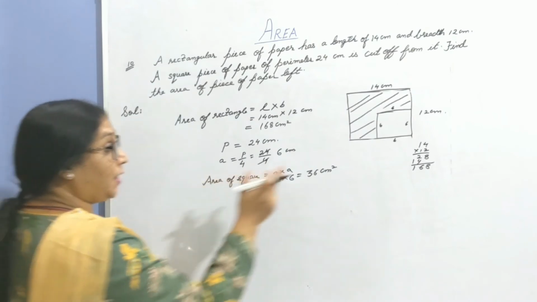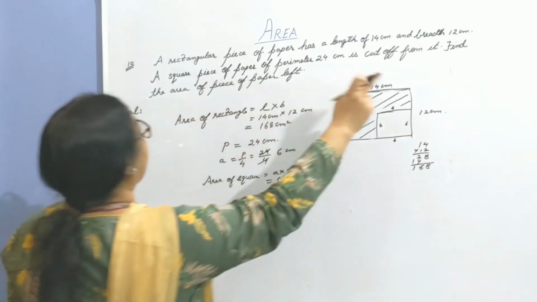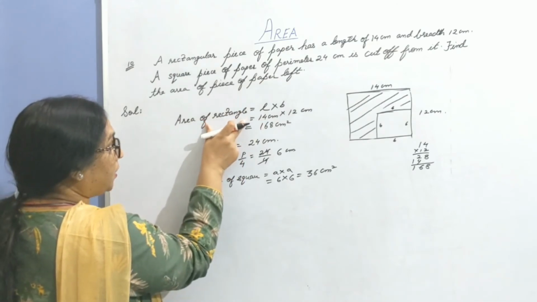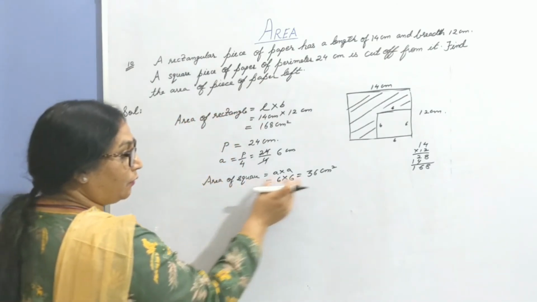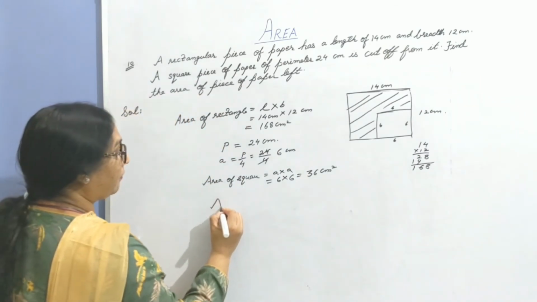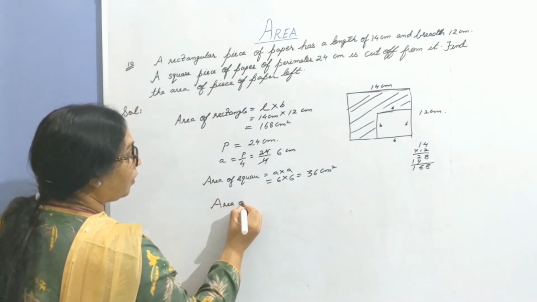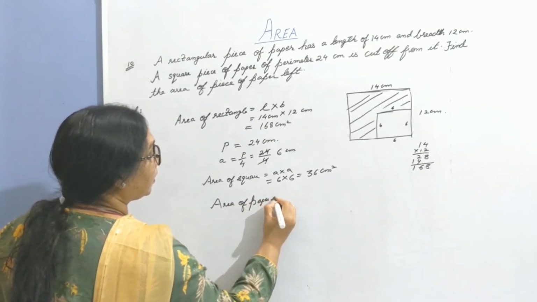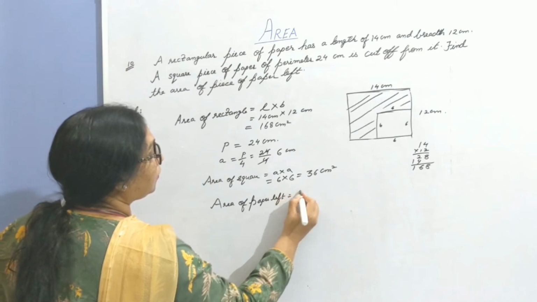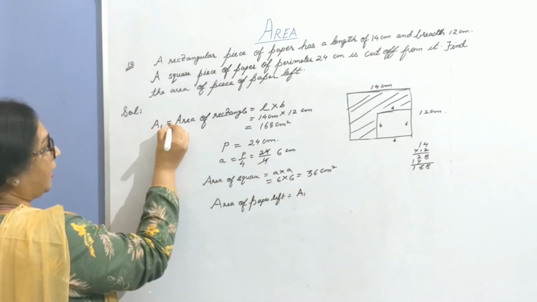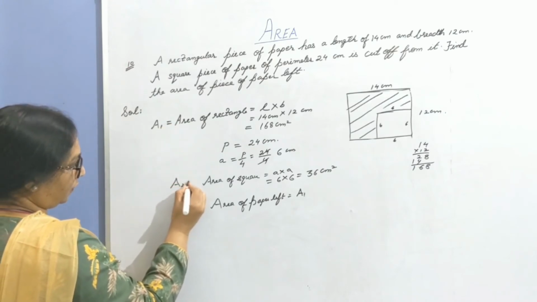So the remaining last part of the question is find the area of piece of paper left. From the rectangular sheet, when we remove the area of the square, we get the area of the paper left. So area of paper left equals to area 1, let this be area 1, the area of the rectangle, and area 2 be the area of the square.